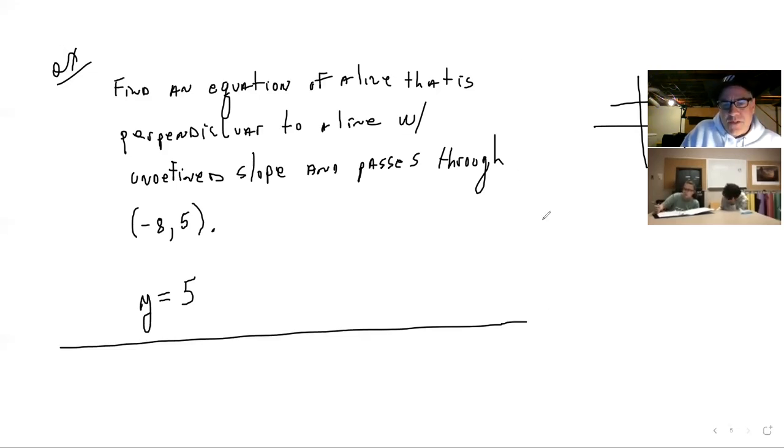Then your other case, you'll have problems finding equations of lines that will look like this. So I'm going to turn the page.